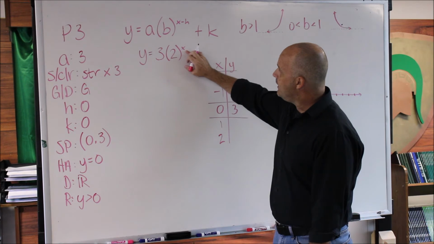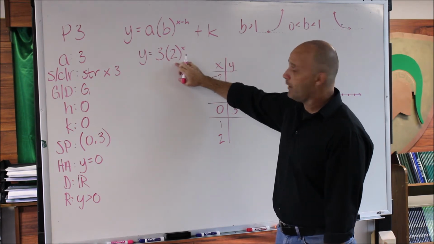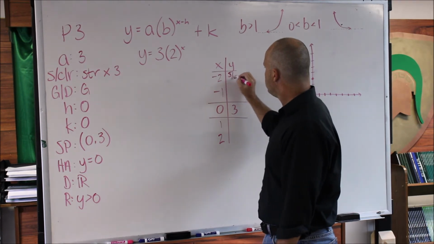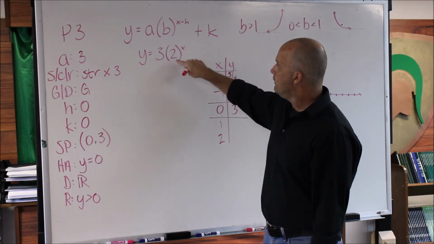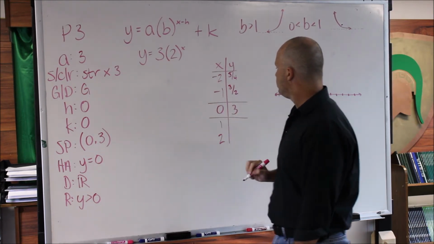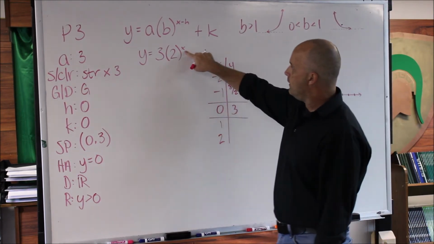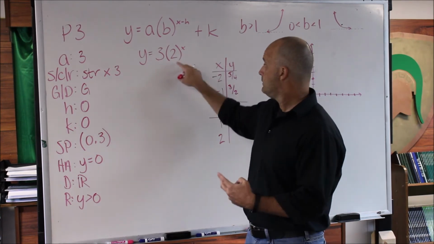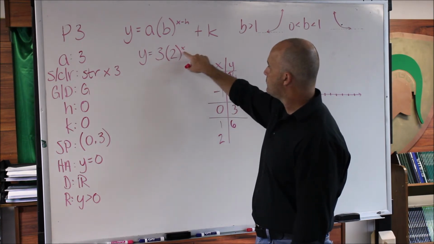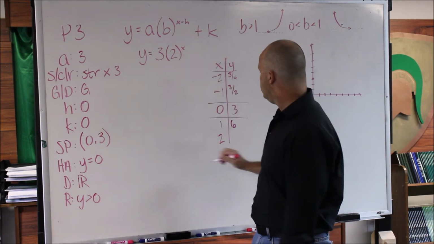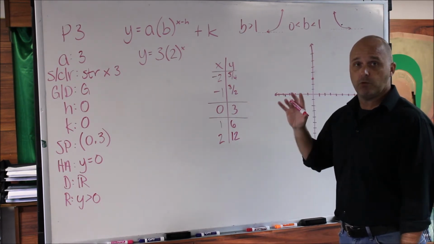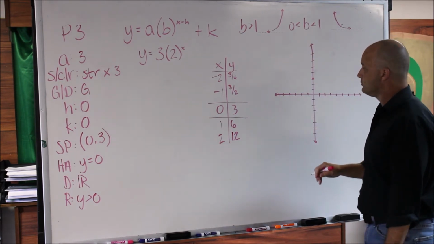So we end up with 1 over 2 squared, or 1 over 4, times 3, that gives us 3/4. Plug in -1, you get 1/2. 1/2 times 3 is going to be 3/2. Then you plug in 1. 2 to the first is 2, times 3 is going to be 6. And then you plug in 2. 2 squared is 4, times 3 is 12. And so now you have 5 points, which is enough to graph our exponential line here.